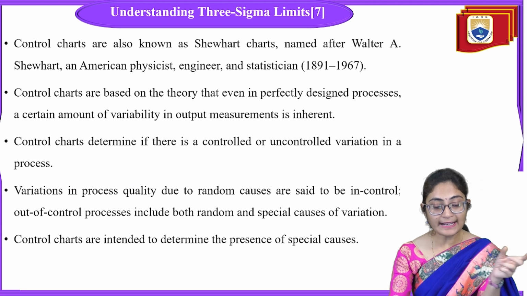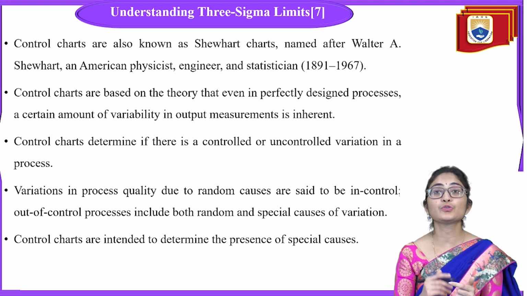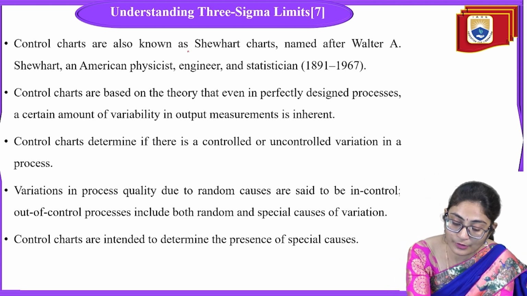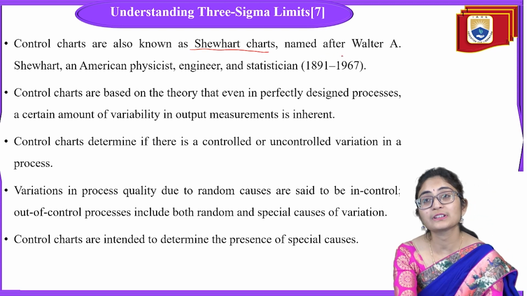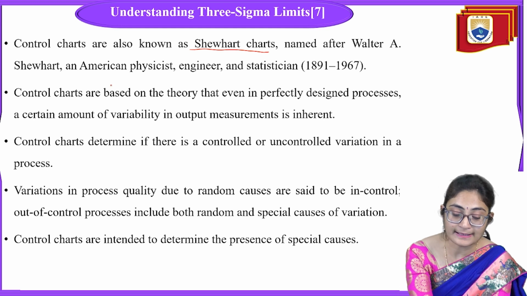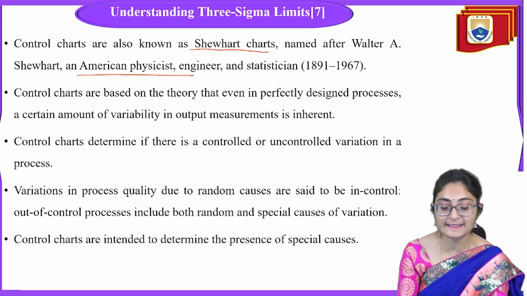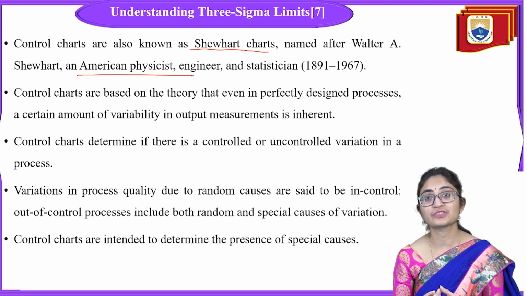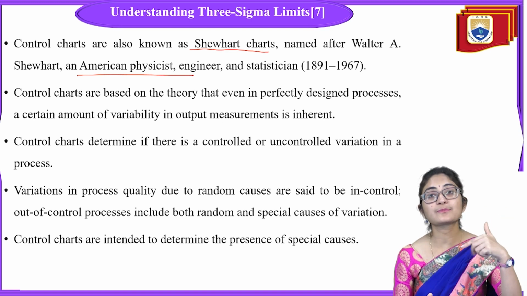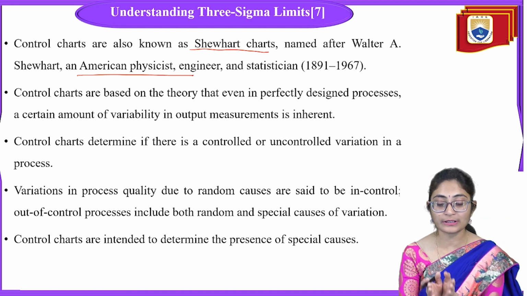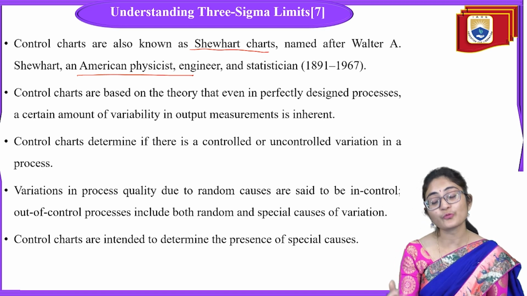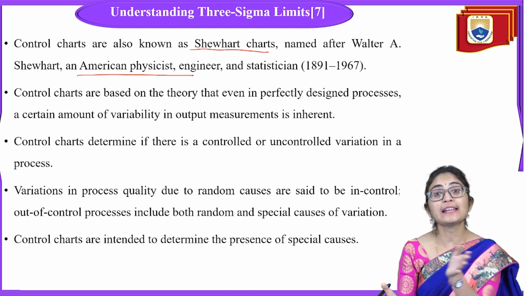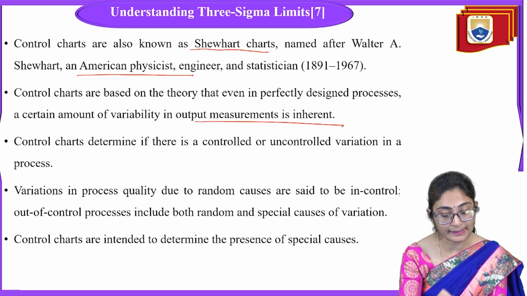Now these control charts are generally known as Shewhart charts, named after Walter A. Shewhart, who was an American physicist, engineer and statistician. These control charts are mainly based on the theory that in a perfectly designed process there is a certain amount of variability in output measurement that is inherent.